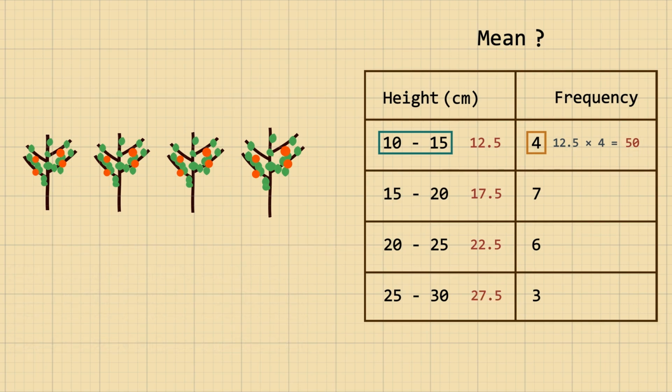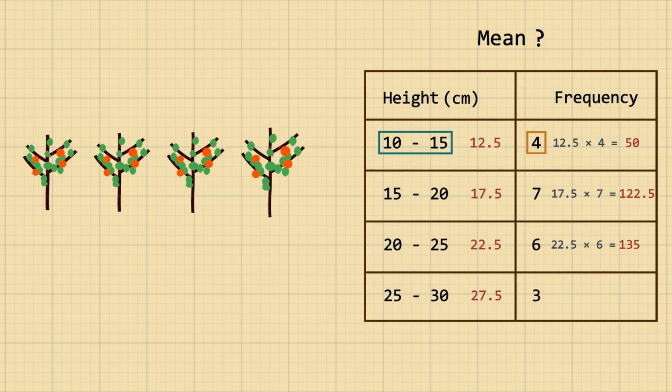Now instead of multiplying the exact values by the frequency, like we did with the dice example, we multiply the midpoint of each interval by its frequency. For example, 17.5 times 7 is equal to 122.5 centimeters. And 22.5 multiplied by 6 is equal to 135 centimeters.